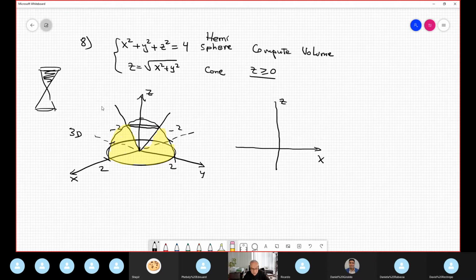The lateral view is, you see, this is the semicircle that represents the sphere, the radius 2. We have a cone. The cone looks like a line. Okay, and this is our solid, or at least the lateral view of the solid.